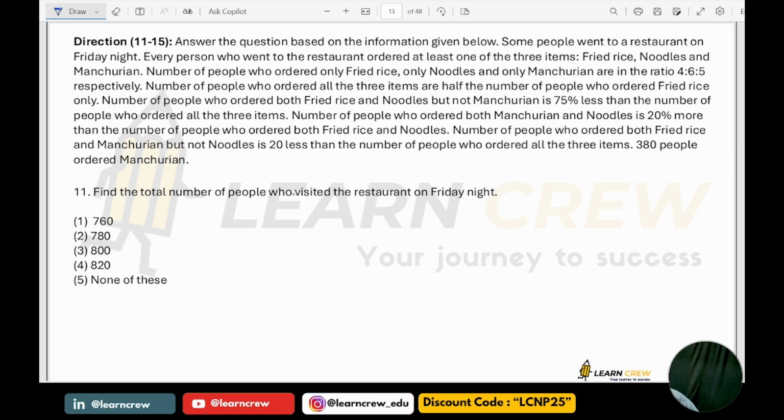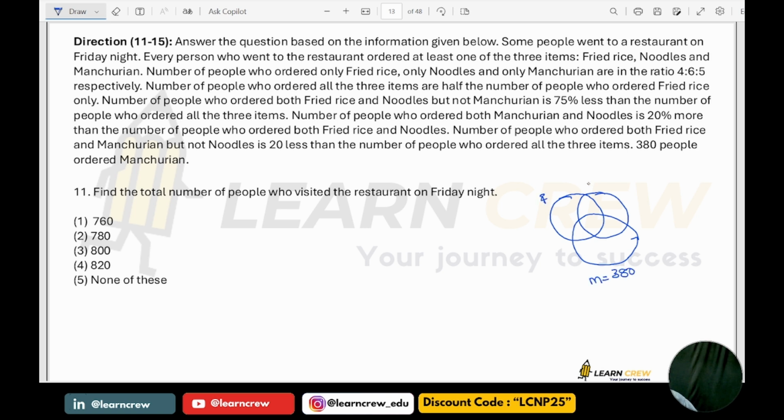Find the total number of people who visited the restaurant on Friday. So if you see here, this is fried rice, noodles and Manchurian. It is given that who ordered Manchurian is 380.